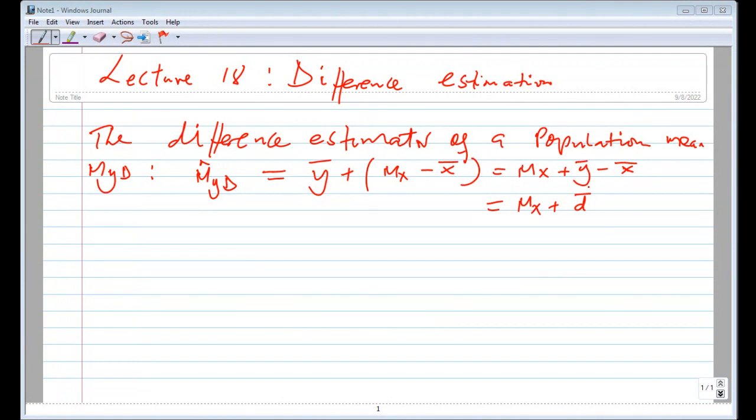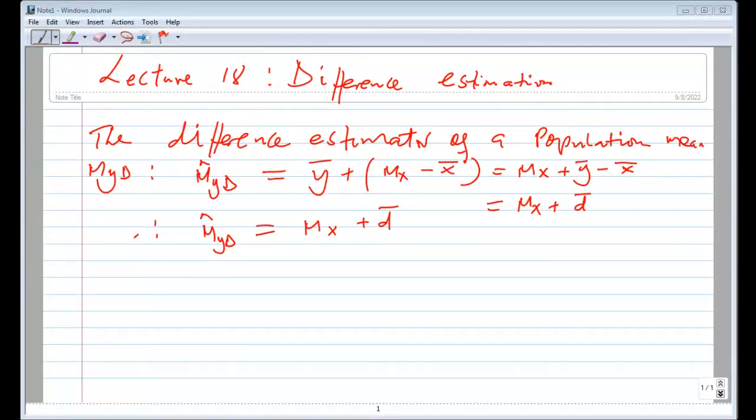Y bar minus x bar is equal to d bar, the average of the differences. Are we together? So therefore, mu yd estimate can also be equal to mu x plus d bar. So if you want to estimate the population mean under difference estimation, you can just use that formula.